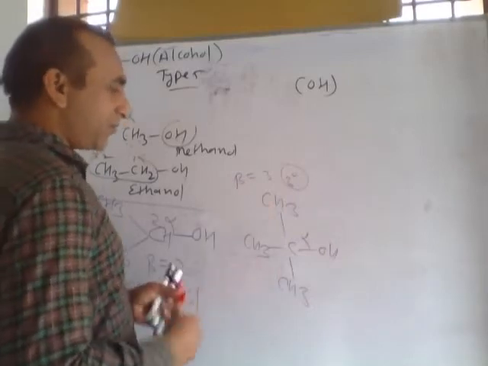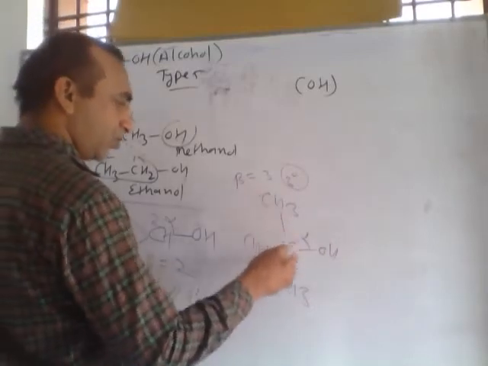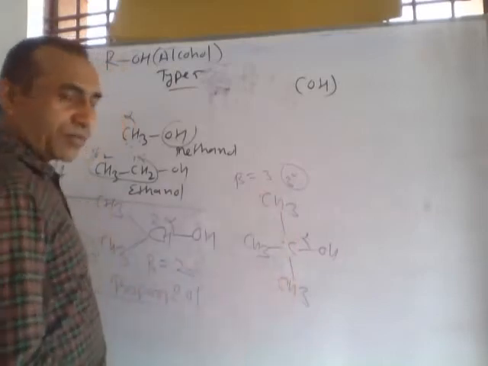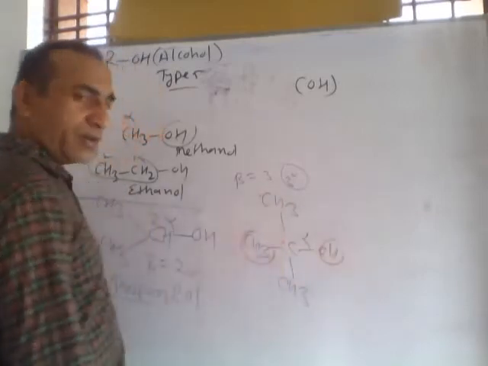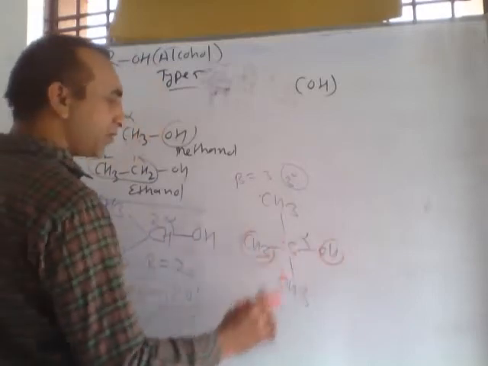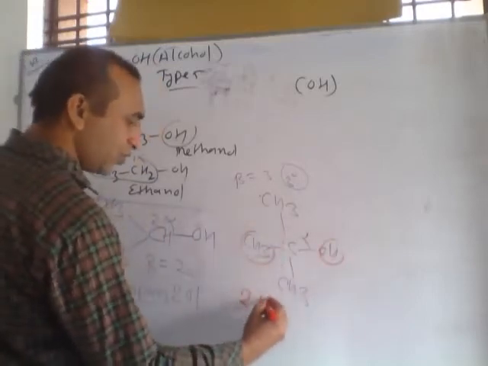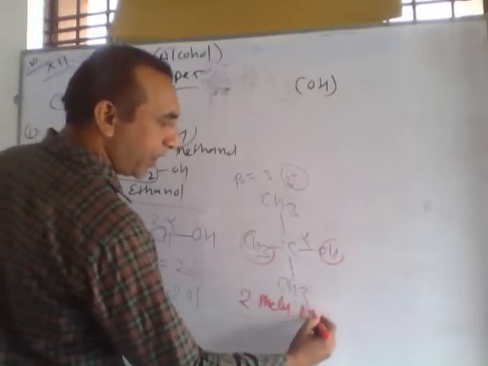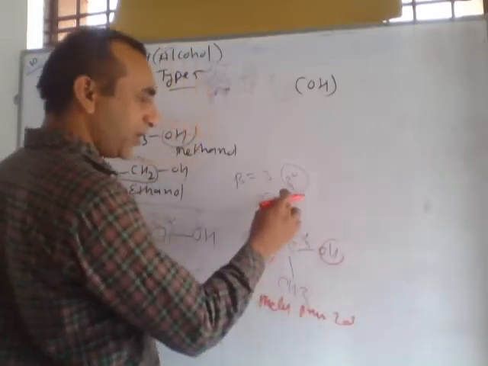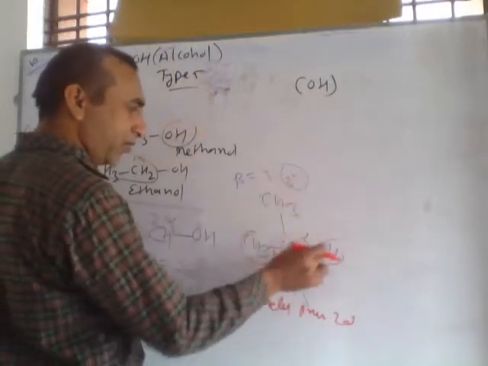So its name: total chain 1, 2, 3 carbon chain. On second carbon there is OH, also this is methyl. So we can say this is 2-methyl propane 2-ol. IUPAC name is 2-methyl propane 2-ol.